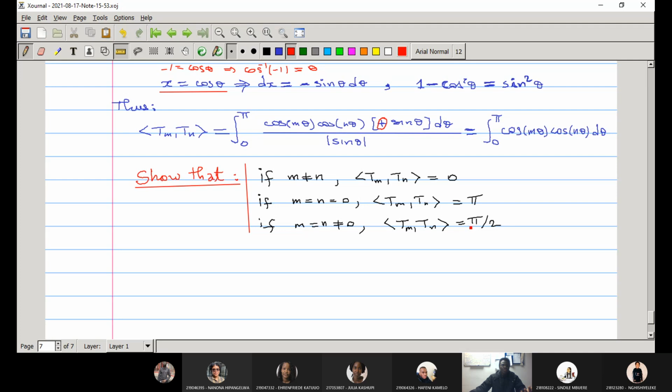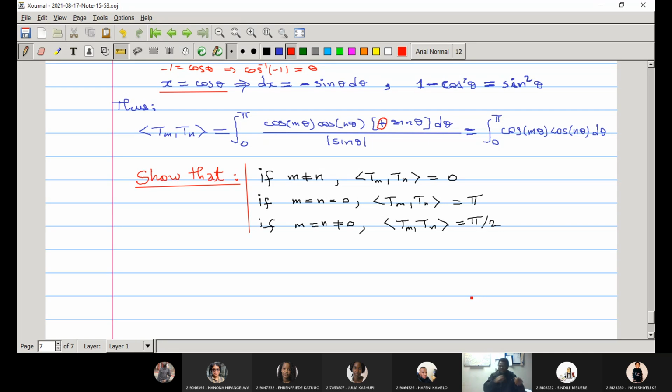And this will allow you to easily solve your least square method. If you use your Gn to be the Tn, the Chebyshev polynomial, as your basis of the class of function, then your least square method, particularly the normal equation, becomes easy.